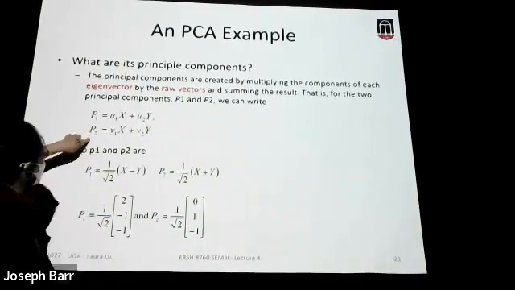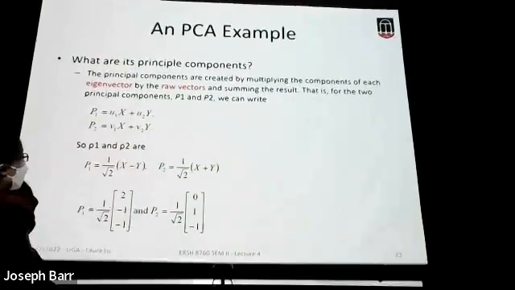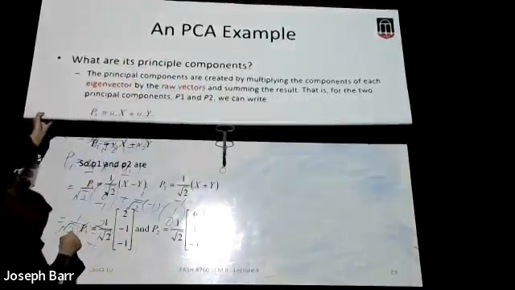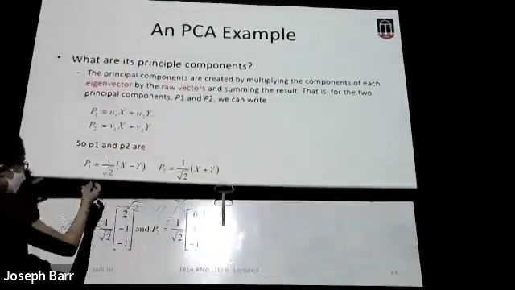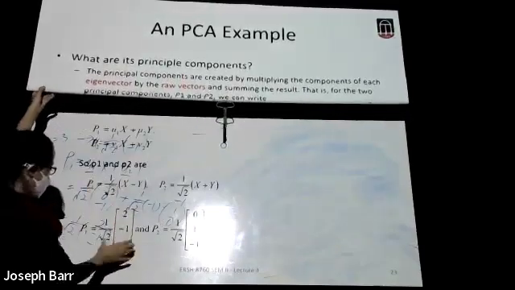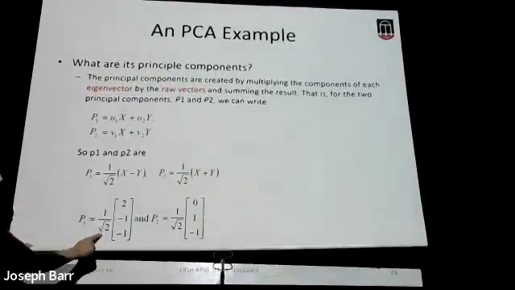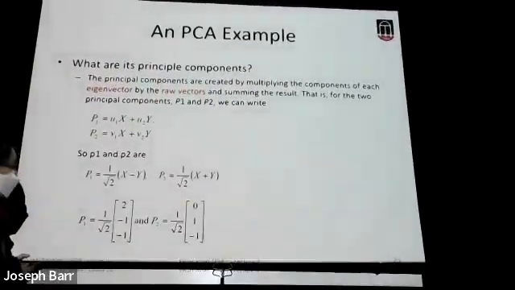And the second component, so u1, u2 is here. So we have the x and y observed, and we finally get this form, over square root of 2, (1, -1).